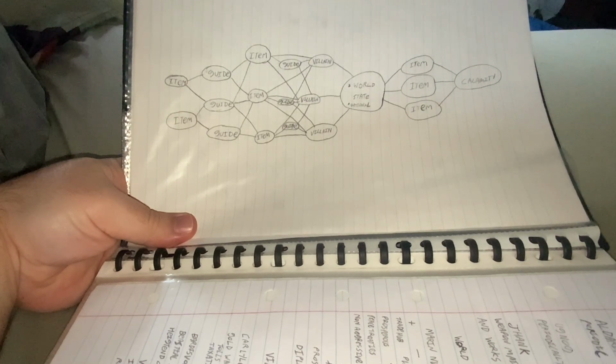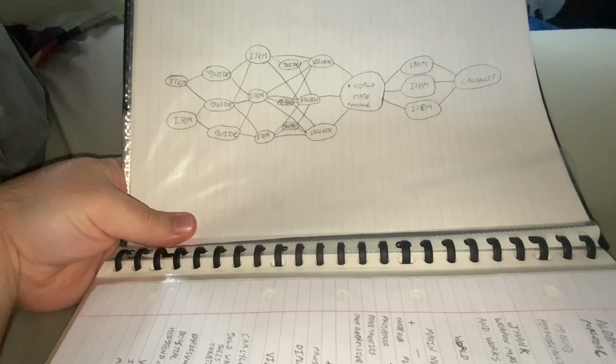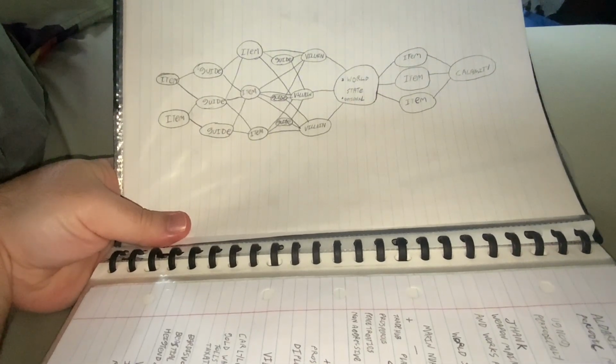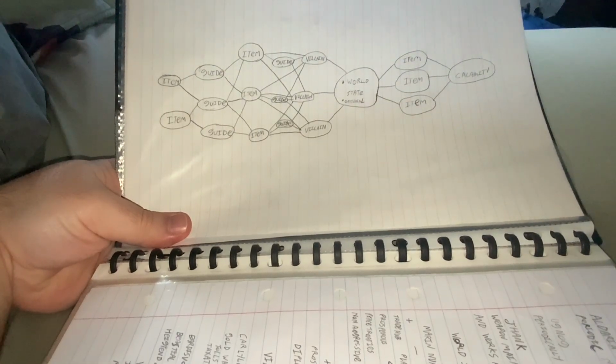In some cases, the villain would not be connected to the previous guide at all, so you need to connect them to another guide. Then the villain would have an item connected to their intended calamity, and the calamity would be the end result.